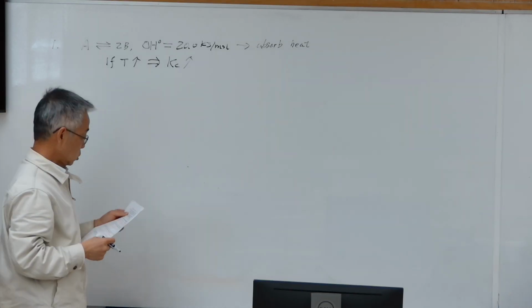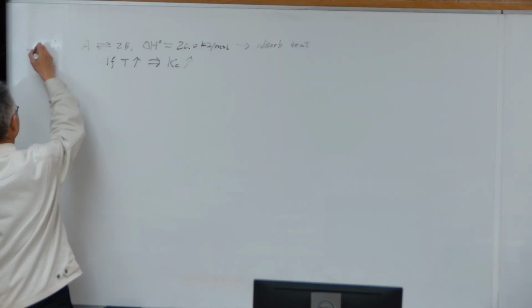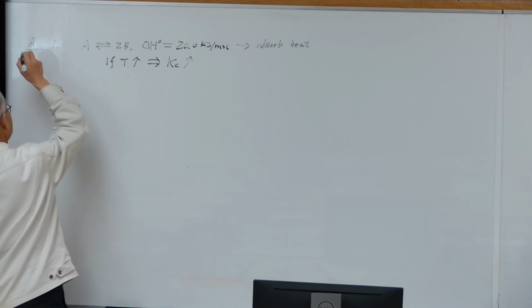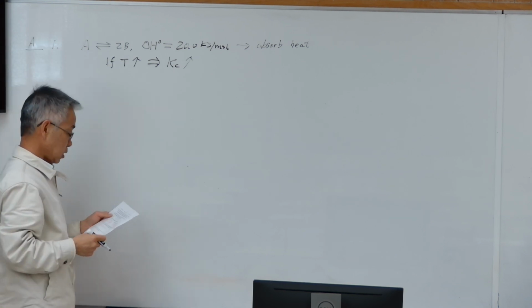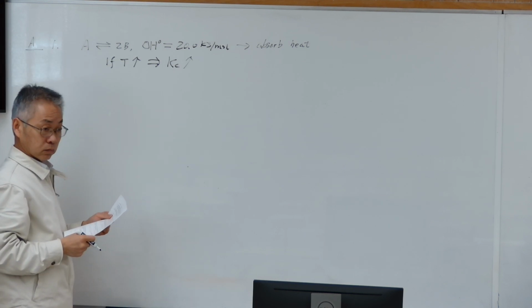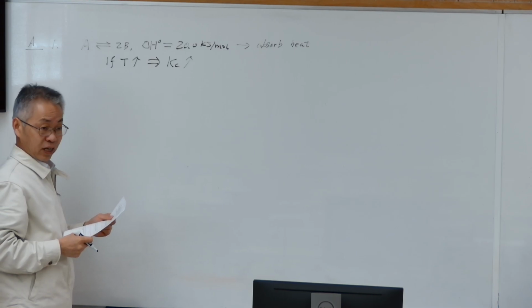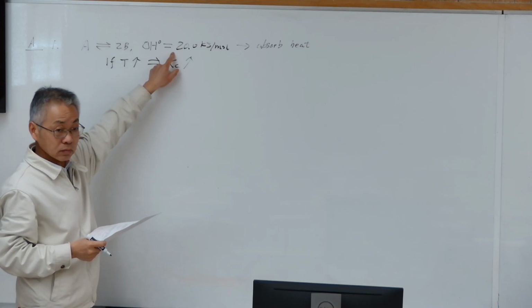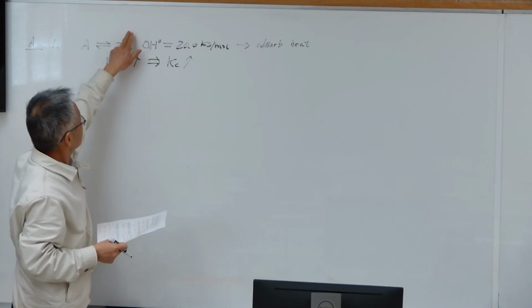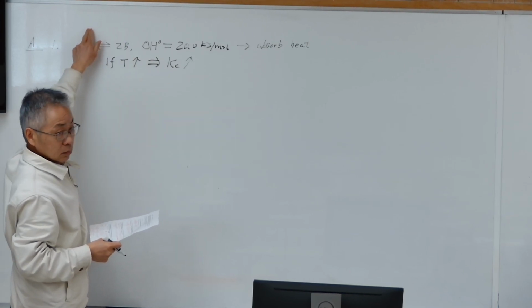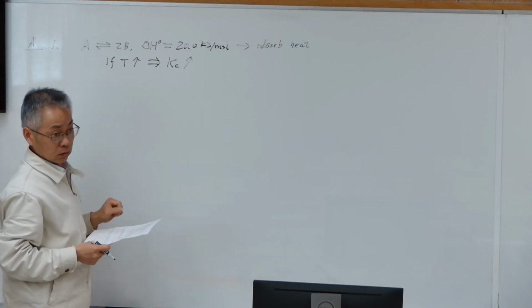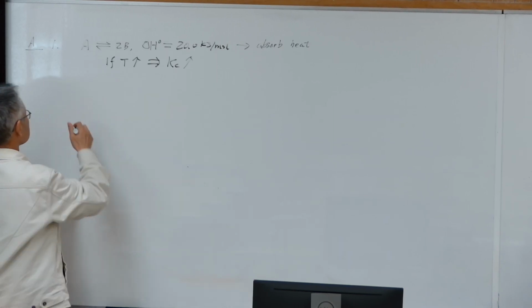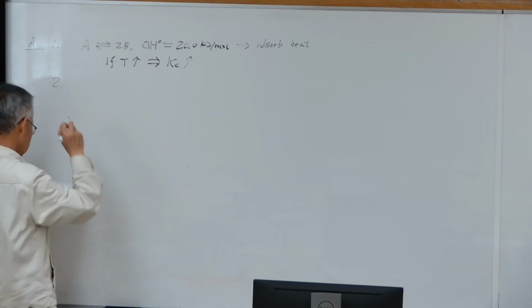So your choice must be A. Kc should become larger. If this is an exothermic reaction, then delta H is negative. Then raising temperature shifts it back, and your Kc will be smaller. Then question 2.